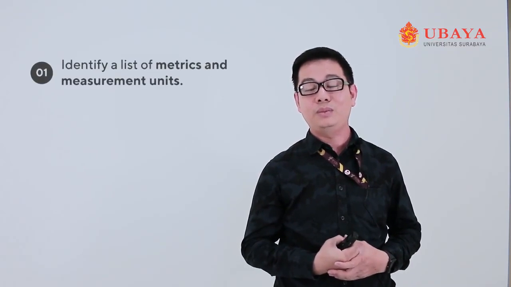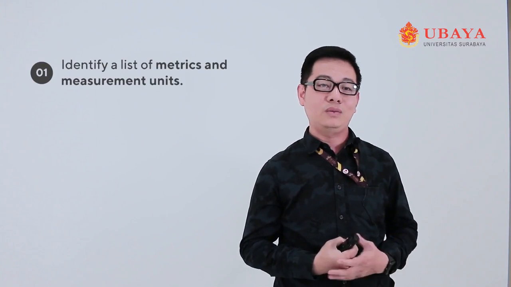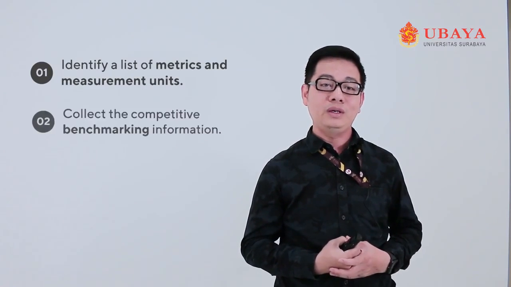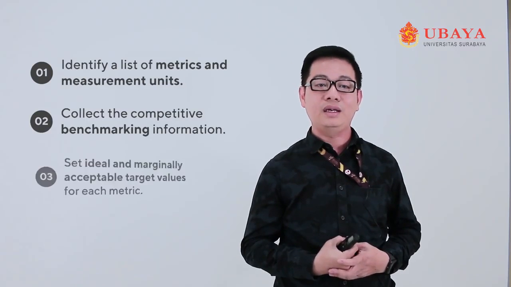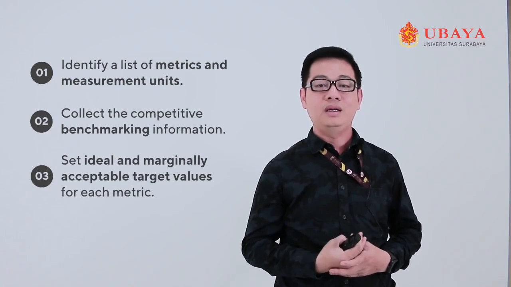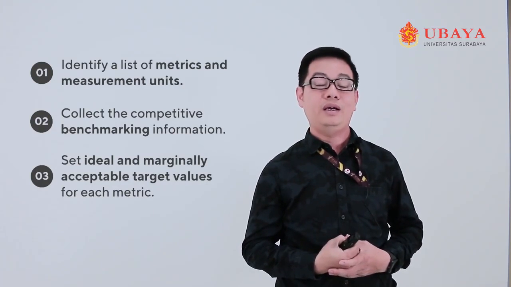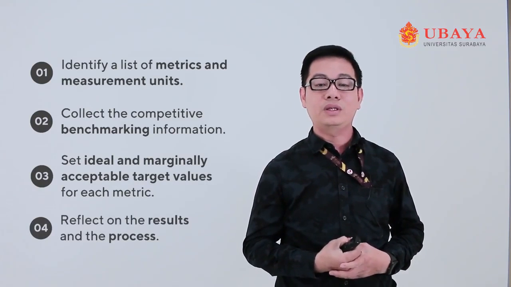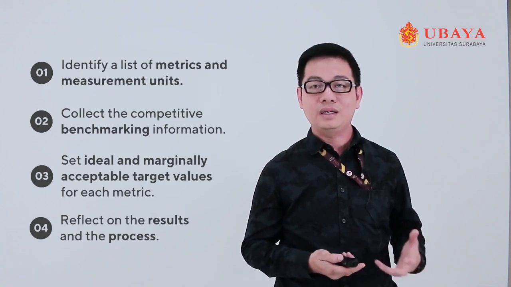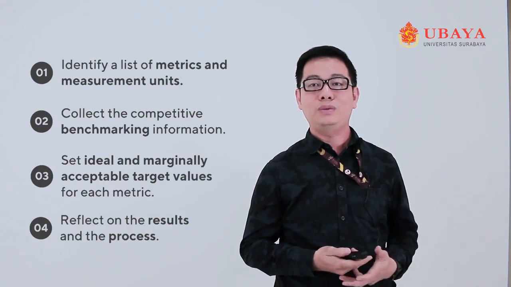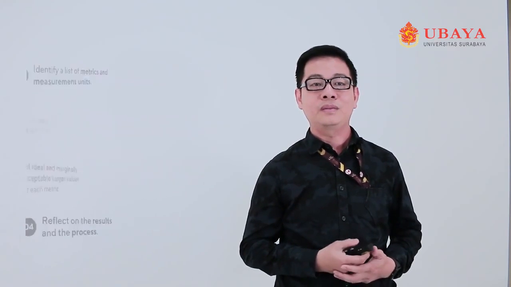Number one, we try to identify a list of metrics and measurements. The second, we do competitive benchmarking. The third, set the ideal and marginally acceptable target values, and reflect on the results and the process. So these are the technical steps of the product specifications.